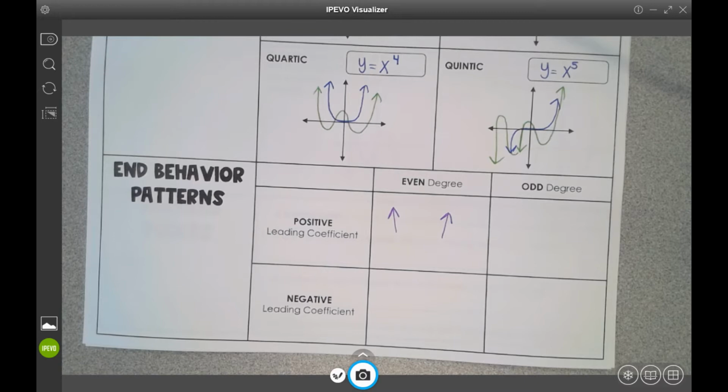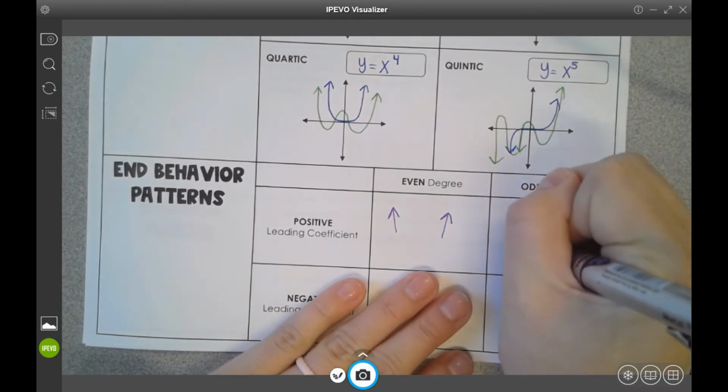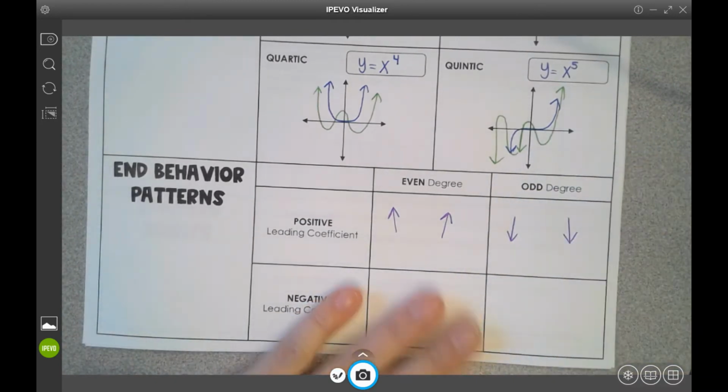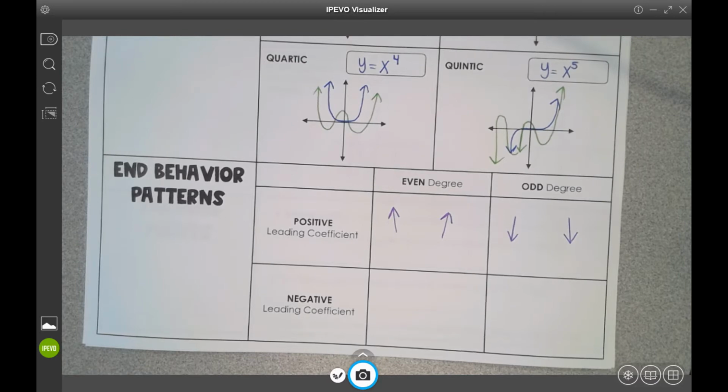Now, what if we made that formula a negative 2x squared and graph it? Then both sides point down. Nope, I put that in the wrong spot.